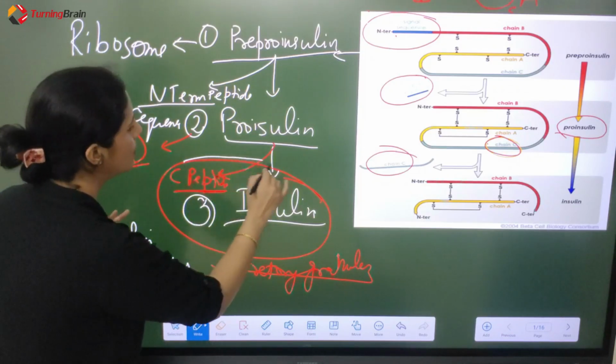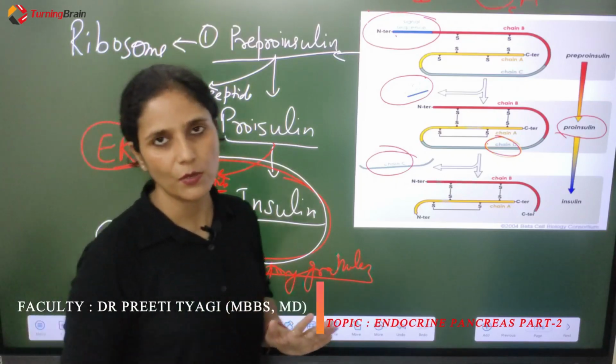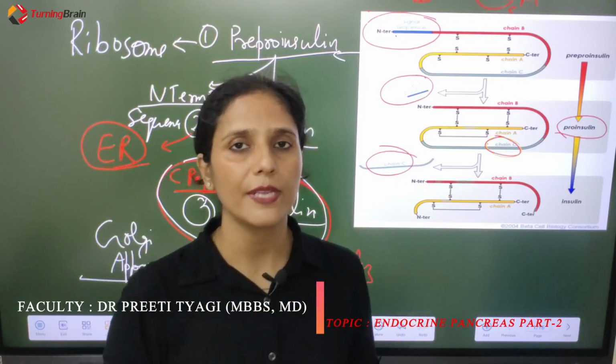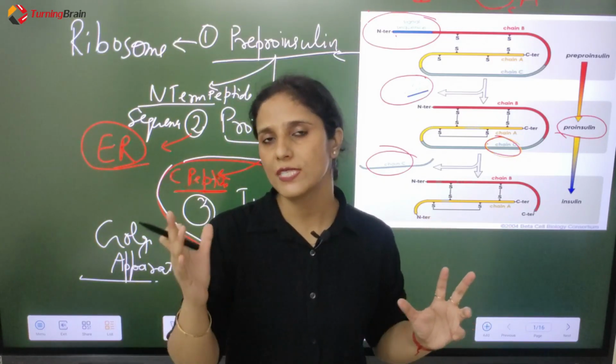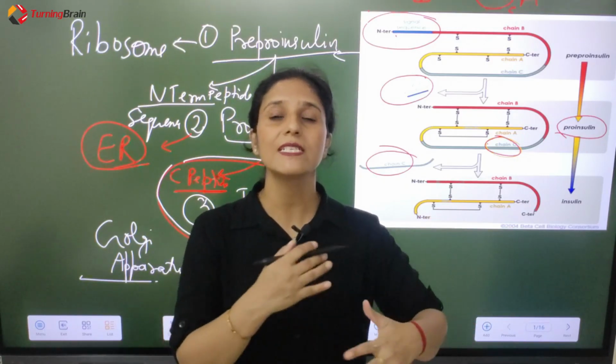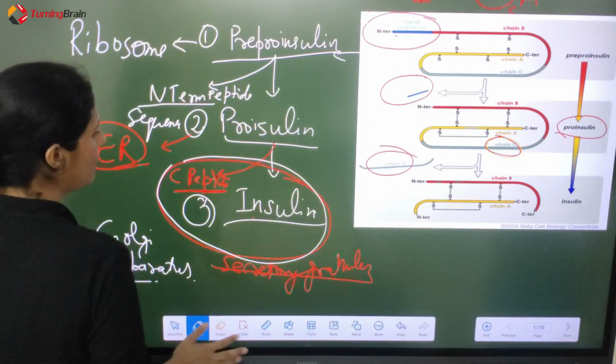This whole thing is a secretory granule, where the C peptide is there and insulin is there. This is a very important point: whenever insulin is secreted, an equimolar amount of C peptide is also released. Equimolar means the same molar amount. How it is important, we will discuss now.